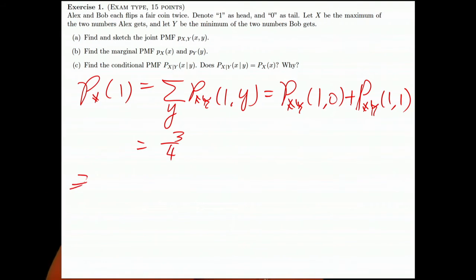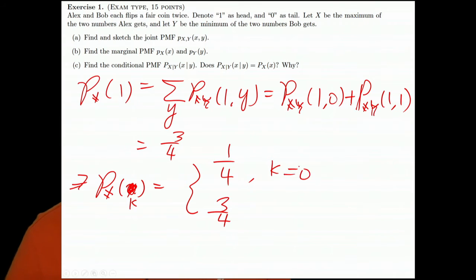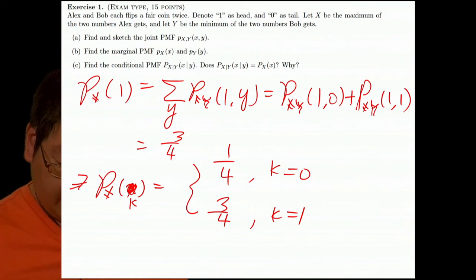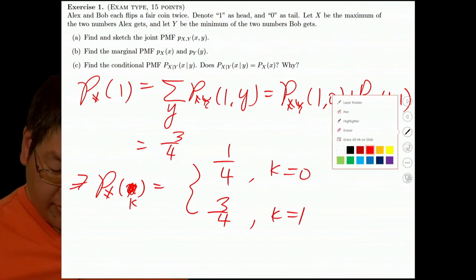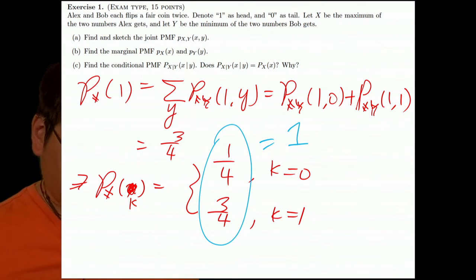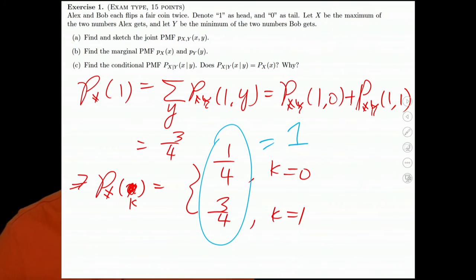So now you have the marginal PMF of x, and you see this is 1/4 and 3/4. 1/4 when k equals 0, and if k equals 1, the PMF, the probability, is 3/4, and you can verify it. I sum those together and it equals 1. So it's a valid PMF, which is correct.